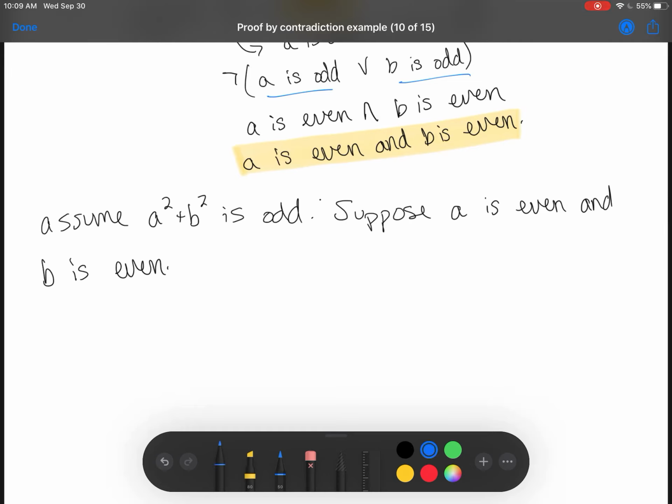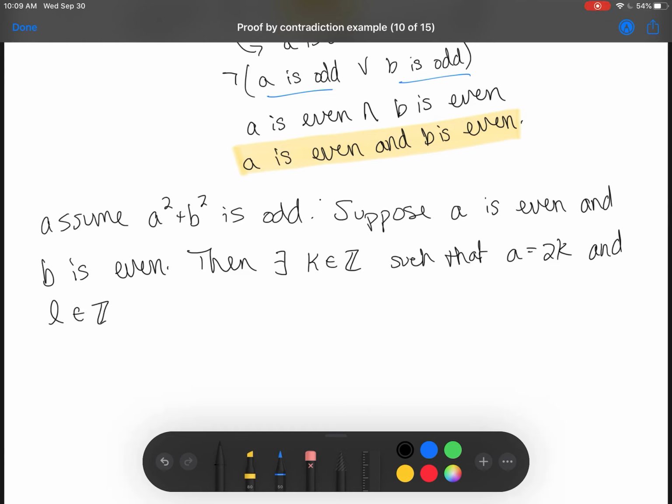Well, we've seen plenty of examples like this where if we know that a number is even or odd, we can go back to the definition of what it means to be even or odd. So then we know there exists an integer k such that a is equal to 2k, and another integer, I'll call it l, such that b is equal to 2l. That's what we know just based on the definition of even.